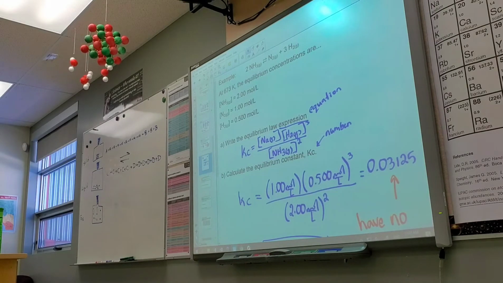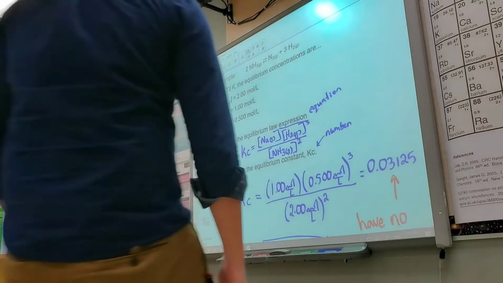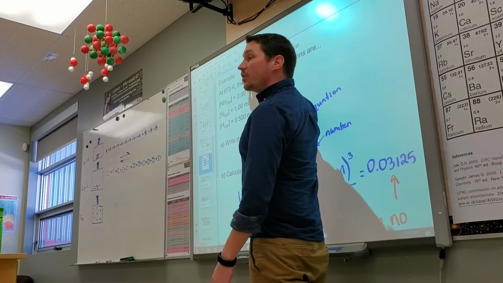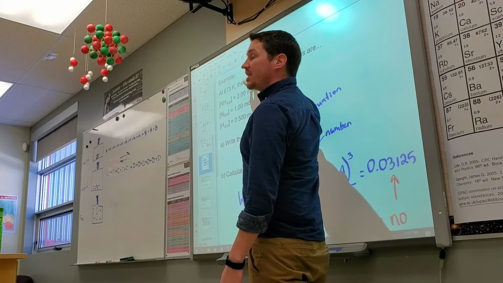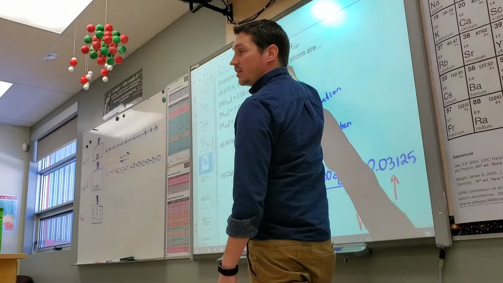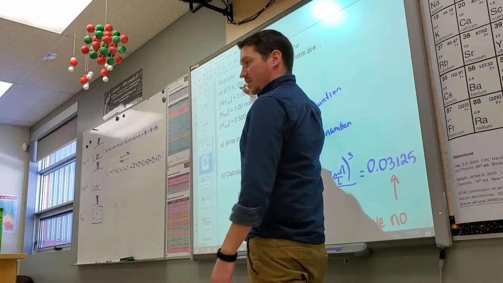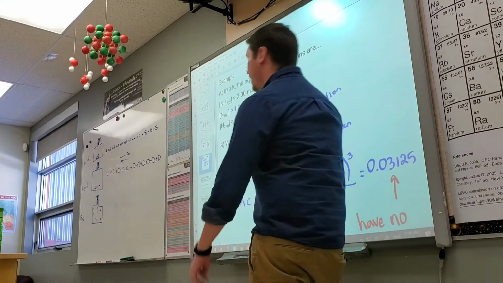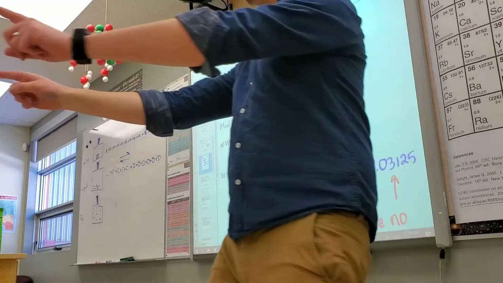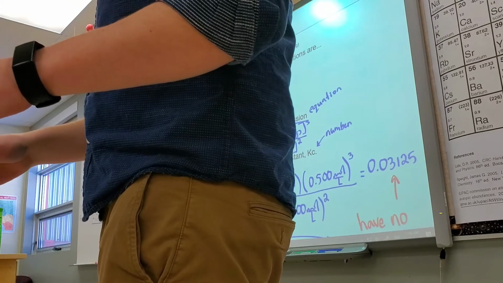That would mean products are favored, right? Because if greater than 50% of this stuff turned into that, then we've got more products than we do reactants, right?